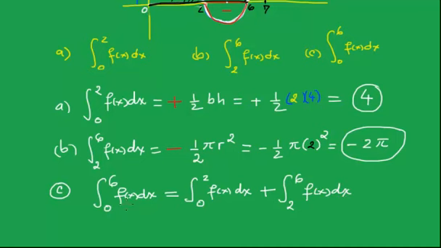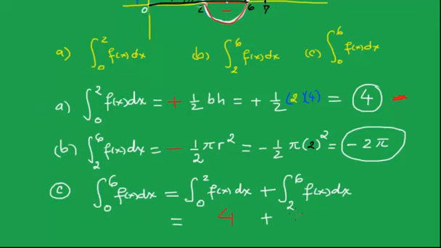So notice that to compute the integral from 0 to 6, I first have to compute the integral from 0 to 2 because I know how to compute that, and then from 2 to 6, and I add them all up. And I just computed the integral from 0 to 2, which is 4. So this equals 4 plus the integral from 2 to 6, which is negative 2 pi.